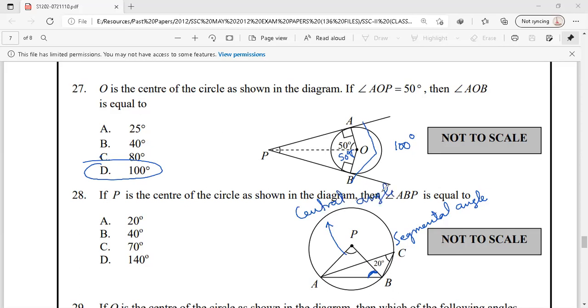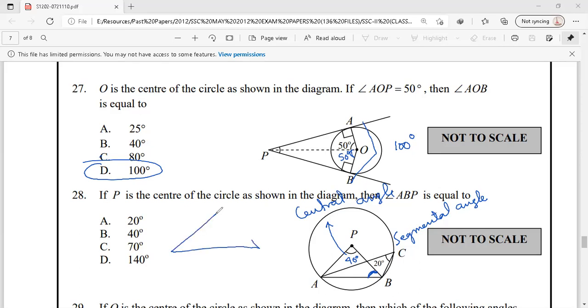We know the relation between the central angle and the segmental angle: the central angle is always double the segmental angle. So the angle at the center will be equal to 40 degrees, because the angle in the segment is 20.